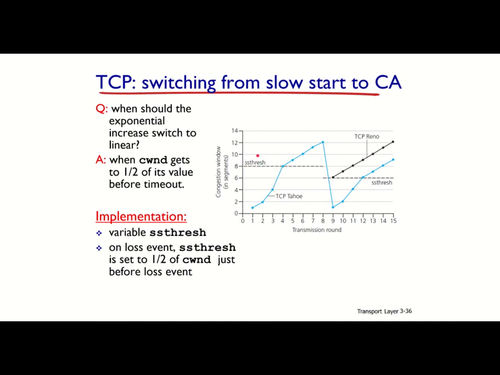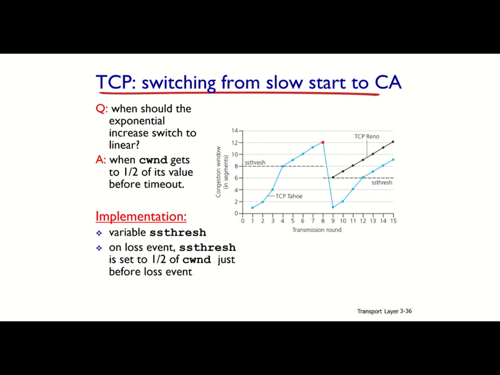SS threshold is the slow start threshold. The first S means slow, the second S means start. So after we reach the slow start threshold, we increase the congestion window linearly until the first loss happens.